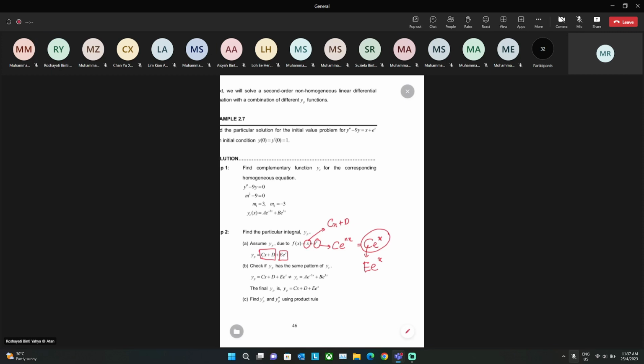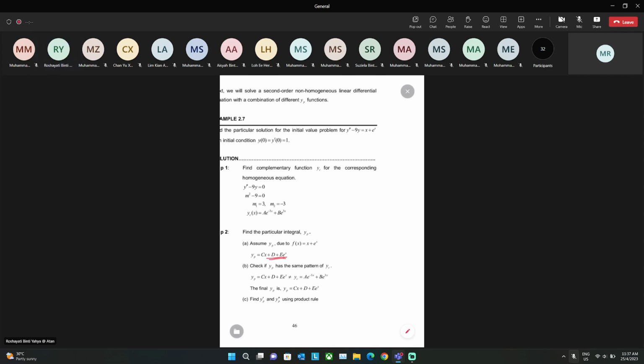If you write c for the second time, this will conflict with this cx. Just use a different constant continuously. Right? So this is very important.